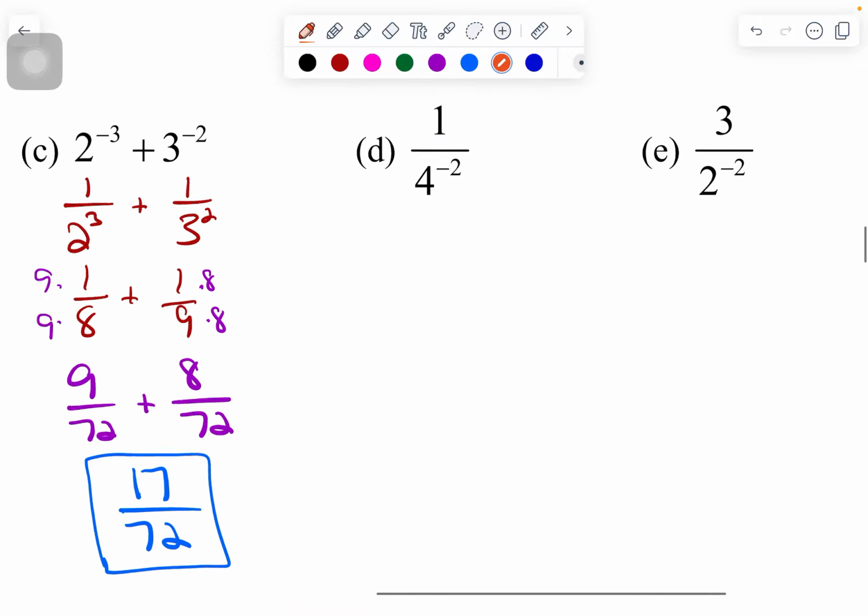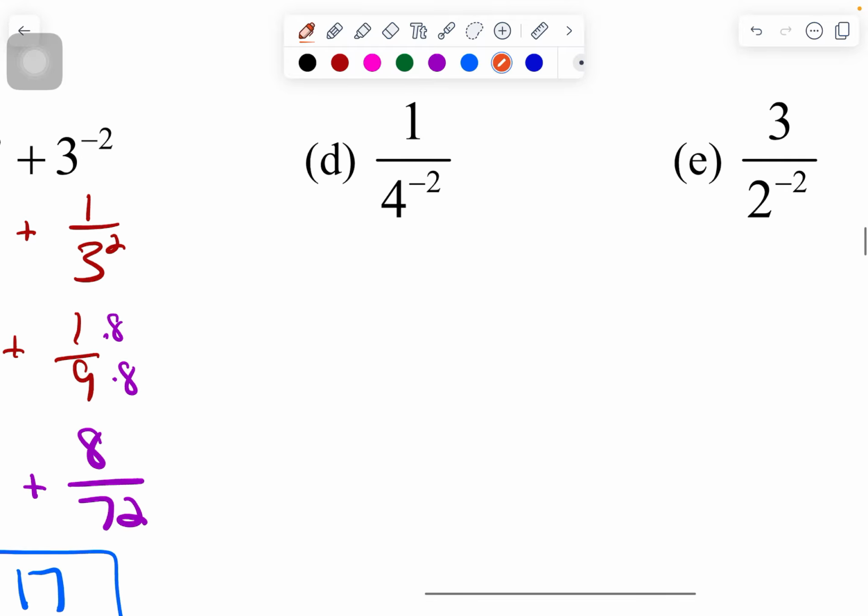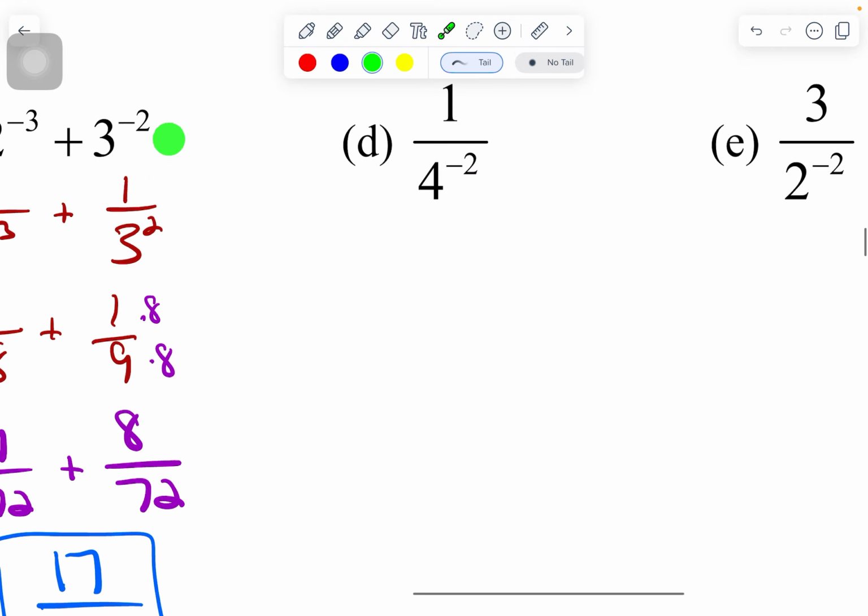Okay, part D. We've got this denominator here that has the 4 with the negative 2. Just like in the last problem where I took this and wrote it as a fraction, if you've already got the fraction, this piece, whatever this is, we're going to move it up to the numerator.